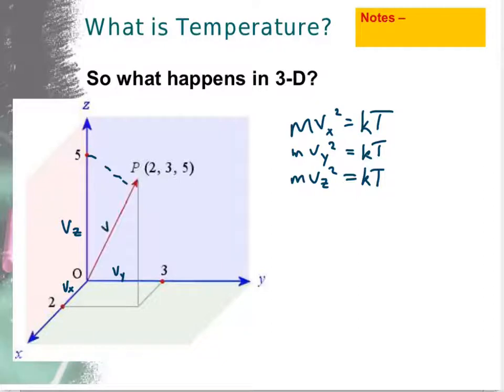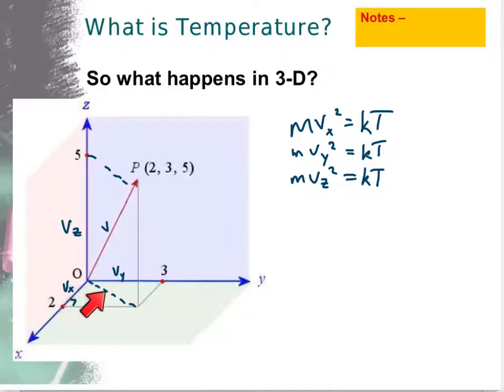Well, this velocity vector has a magnitude of v, which I'm going to call the speed of the gas particle. We can use some trigonometry. This is a right triangle, and this is probably a right triangle you're familiar with dealing with.